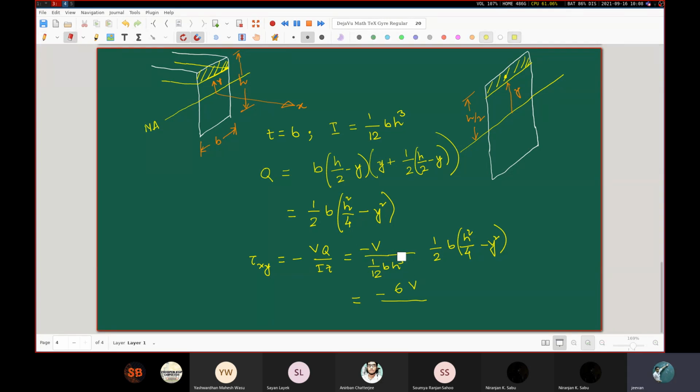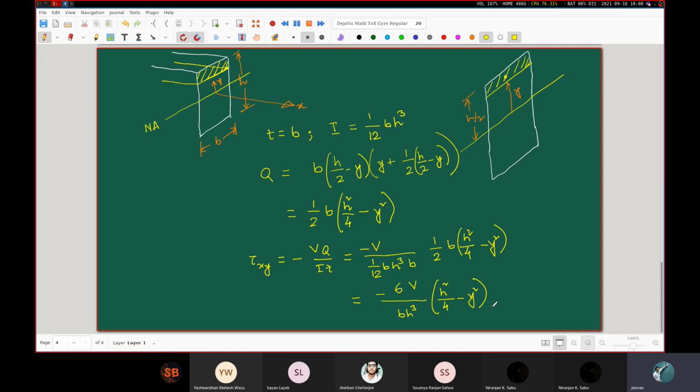So I'll be left with another b here. So effectively I'm getting b h cubed in the denominator, and in the numerator I will have h squared by 4 minus y squared. This is the expression for the tau xy as it varies along y.